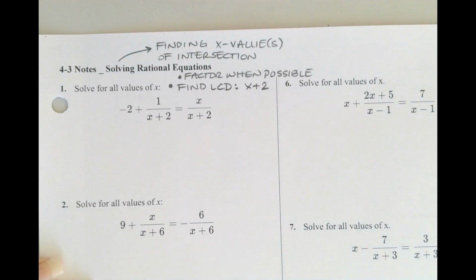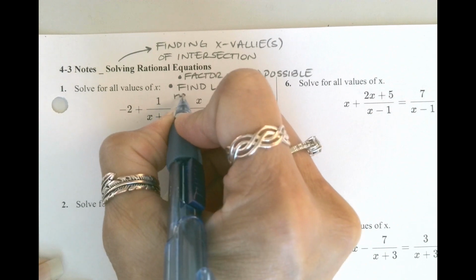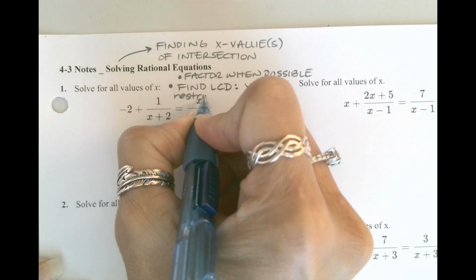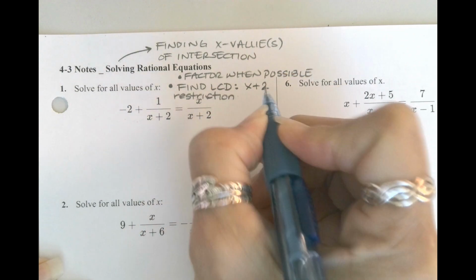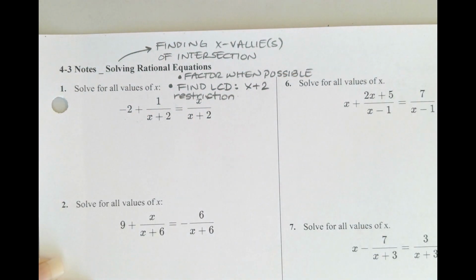Whenever you guys establish what your LCD is, I want you guys to make a note that the value of, let me write this down since I can't talk, it seems. The value that your x plus 2 gives you when you set it equal to 0, that's going to be your restricted value.